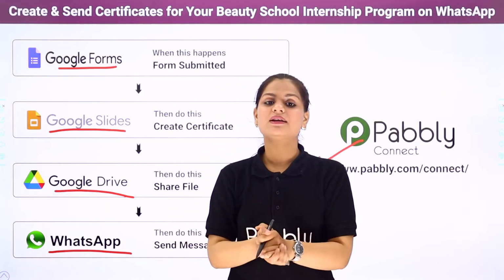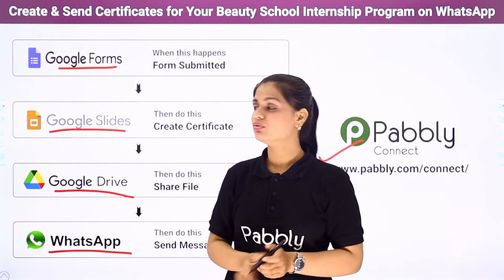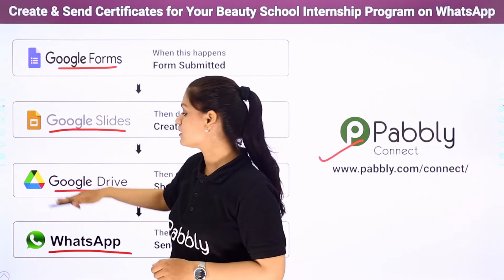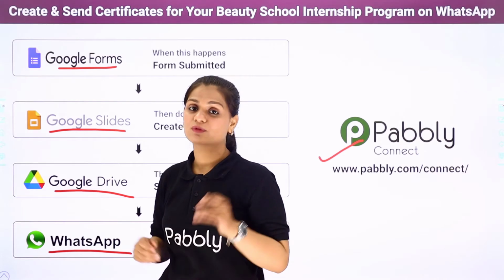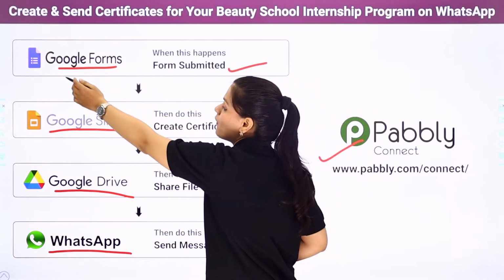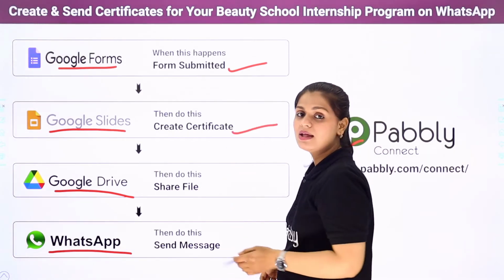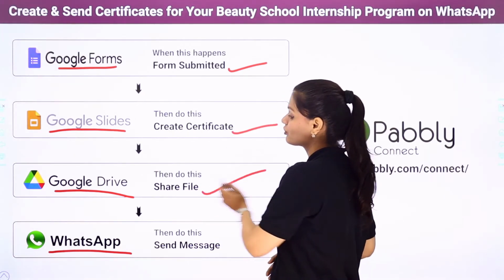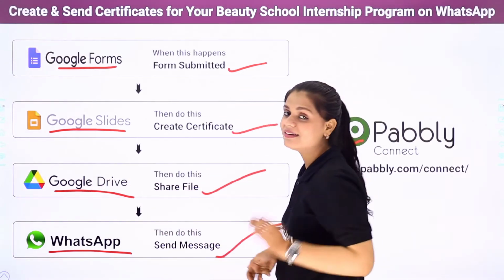Pabbly Connect is an automation and integration software which I am going to use to build integration between these 4 applications. After using Pabbly Connect, when a form gets submitted into Google Forms, a certificate will get created automatically. Then the file is going to be shared from Google Drive automatically on the WhatsApp of that intern.